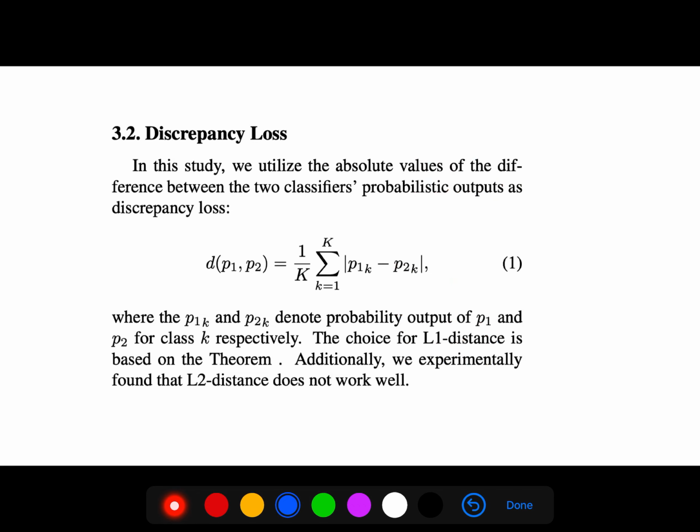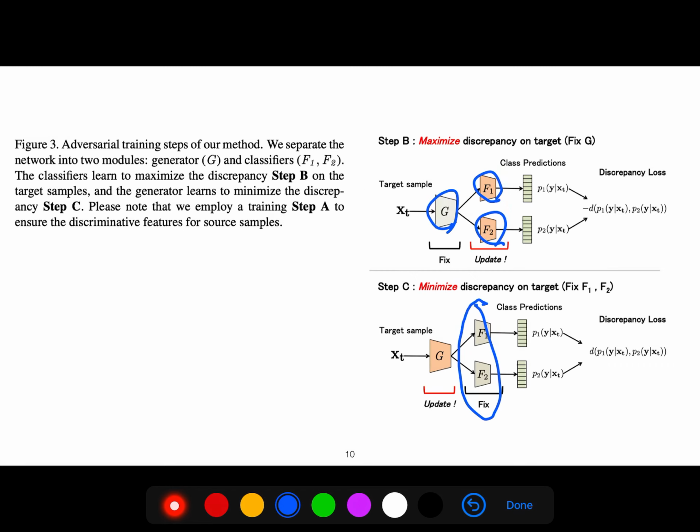We utilize the absolute value of the difference between two classifiers. You see, we have two classifiers, F1 and F2. Each one has a different probability, conditional of Y given X. So we need a discrepancy between them, because your target sample can come here and different classifiers can classify it differently.